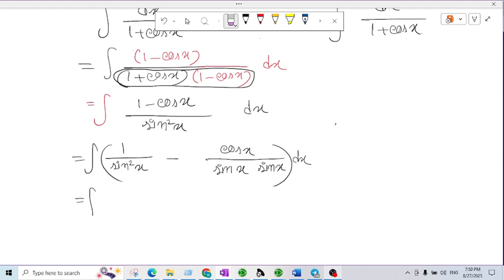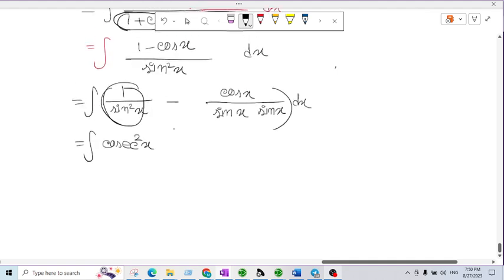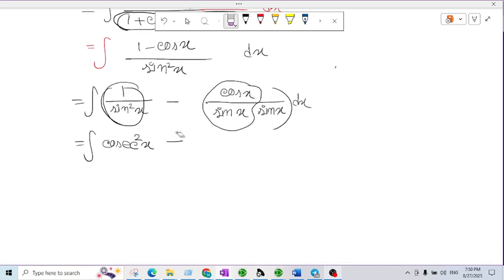And now let's see, this 1 by sin square x is equal to cosec square x, and then this cos x by sin x is equal to cot x, and 1 by sin x is equal to cosec x. And now you just have to apply the formula.